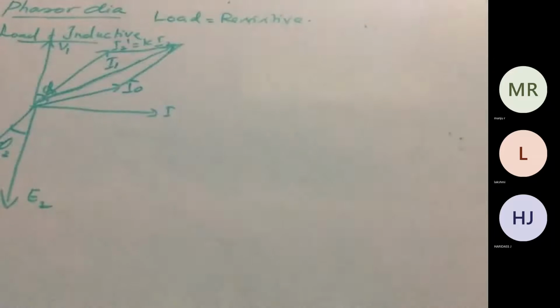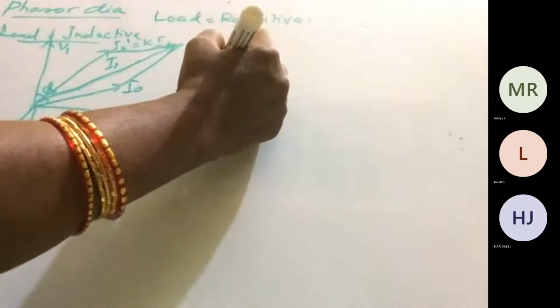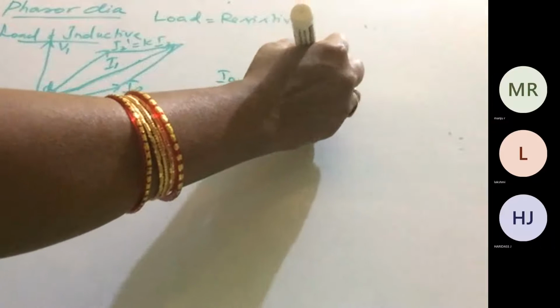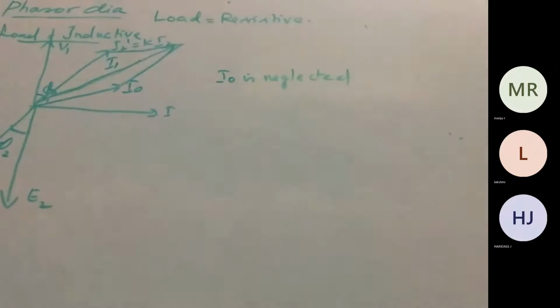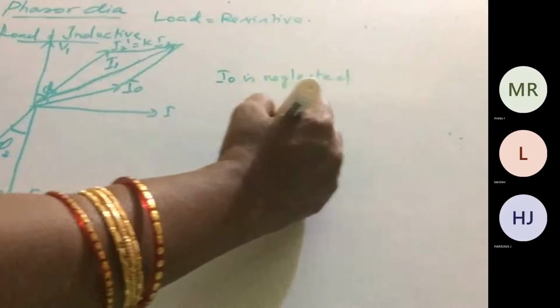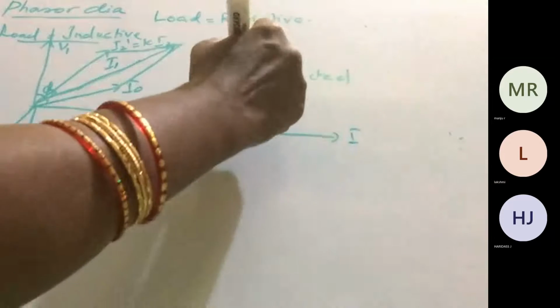So if you are neglecting I0, I0 is neglected. In that case, I1 and I2 dash are in the same line. So we have to take I as the reference.